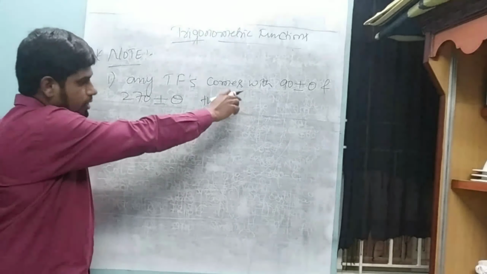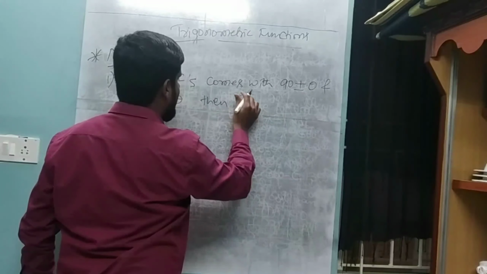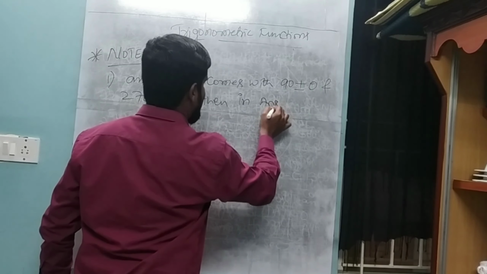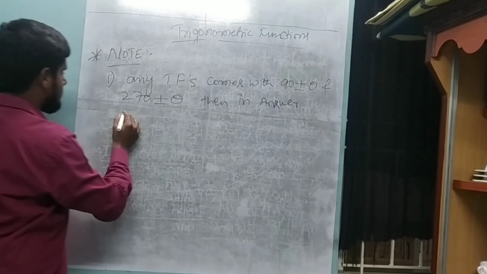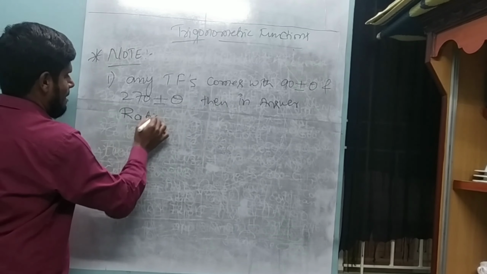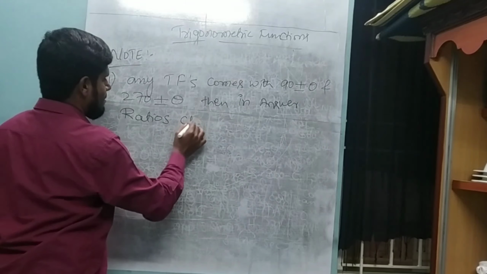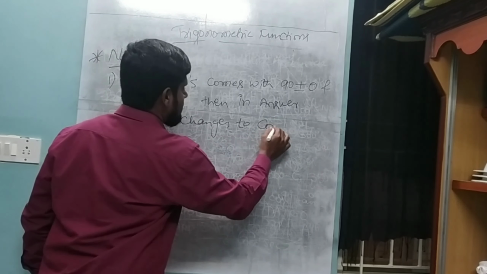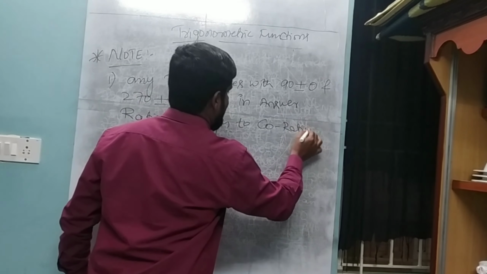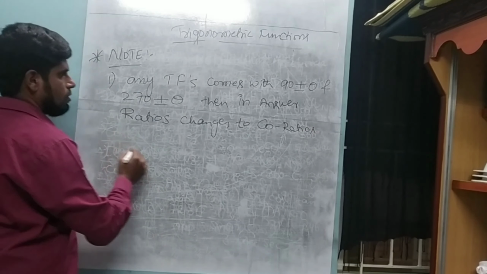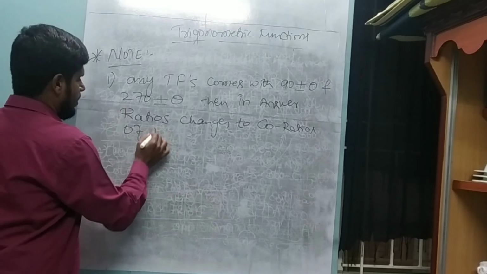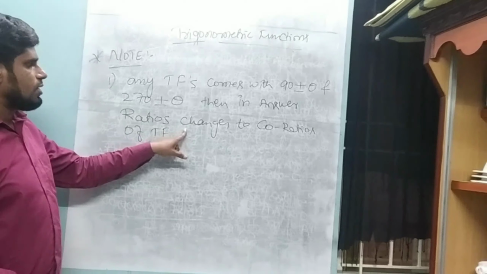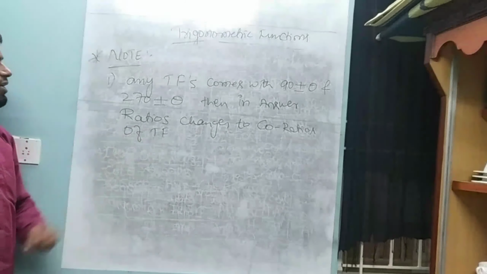ratios change to co-ratios of trigonometric functions. Ratios of trigonometric functions change to co-ratios of trigonometric functions.